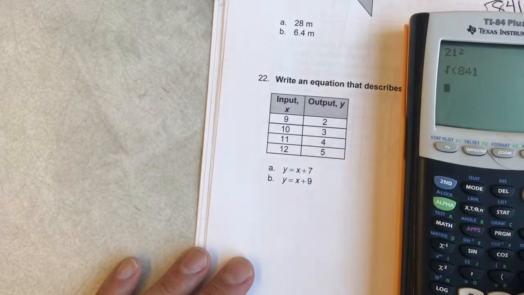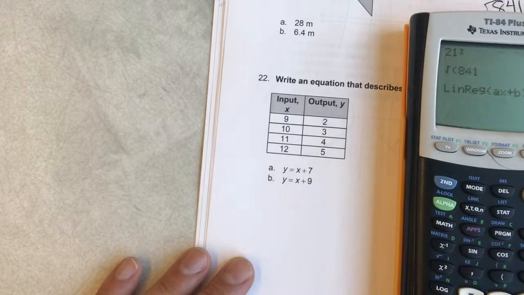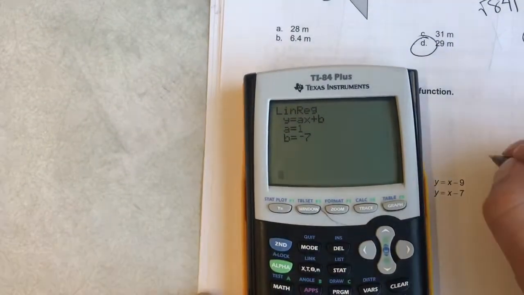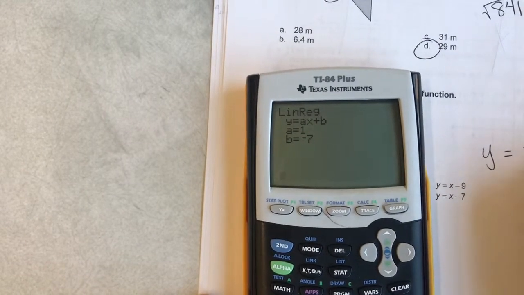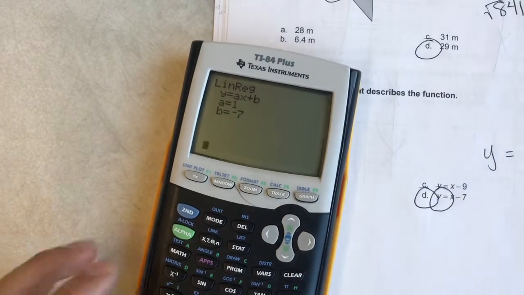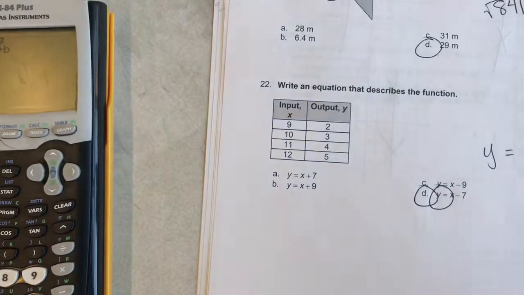Second mode quits out. I think I go to stat. I think I go to calc. I think I go to 4. I think I hit enter. And it looks like I have y equals 1x plus negative 7. Whatever that one is, D. Circle the y. Oh boy. Good job, guys. Good job.